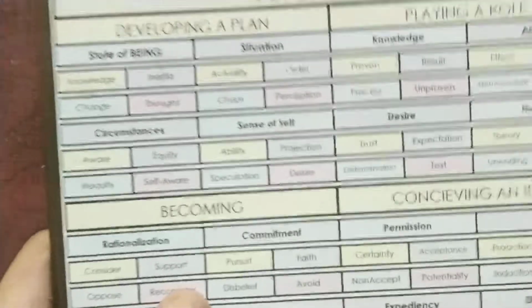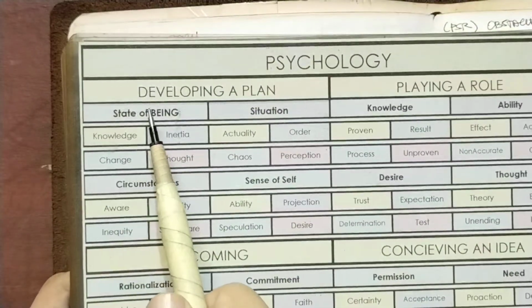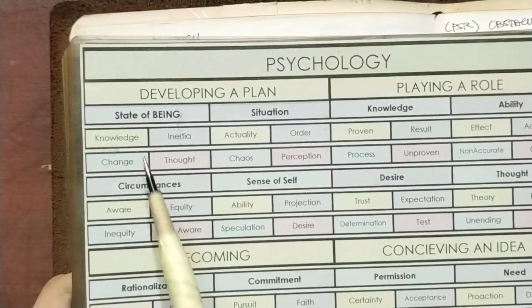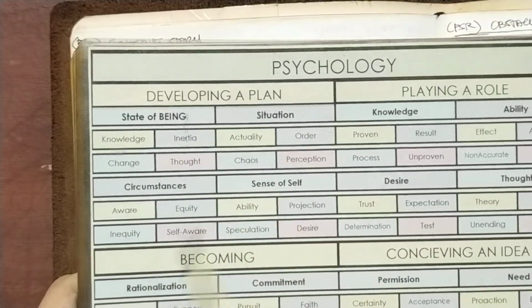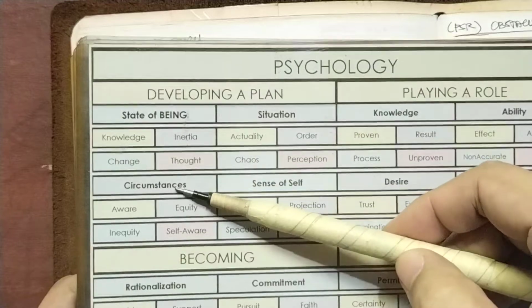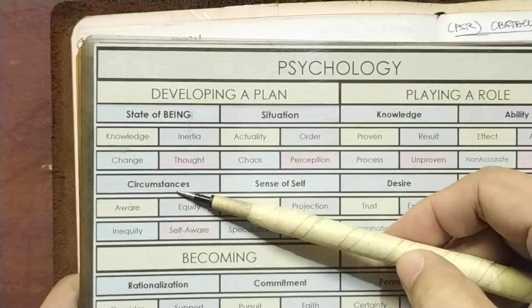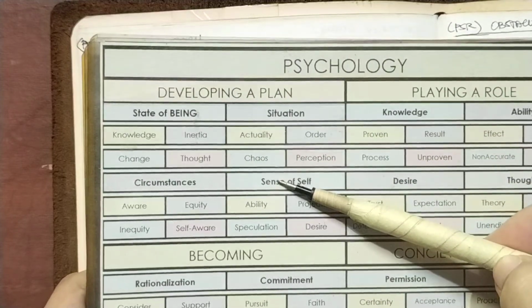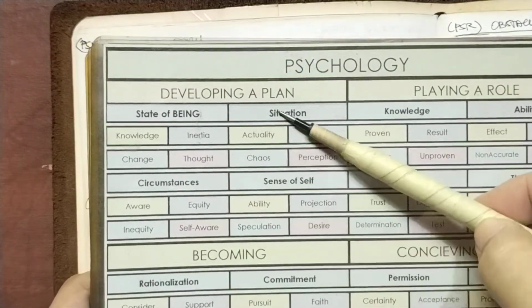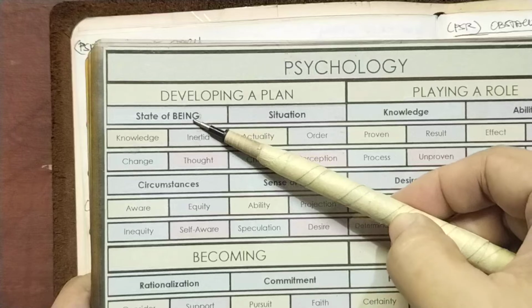Okay, it's in the psychology quadrant, and this is the structure of it: state of being, situation, circumstance, sense of self. Okay, sometimes the PSR generates something like this. Example: circumstance, state of being, situation, sense of self. Okay, or circumstance, situation, state of being, sense of self.